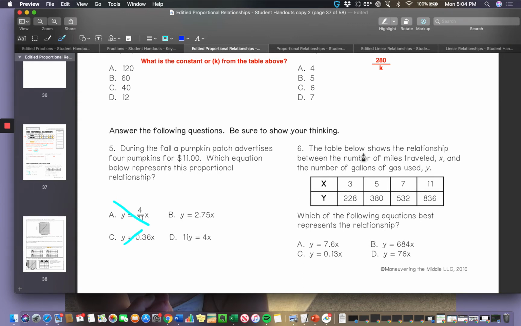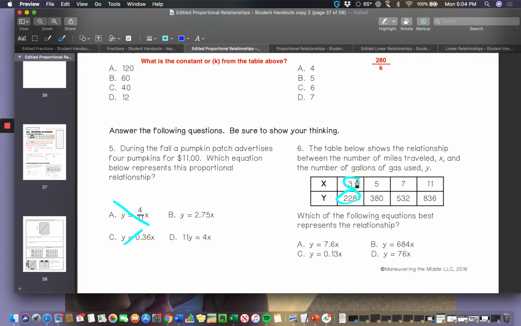Number 6, the table below shows a relationship between the number of miles traveled, x, and the number of gallons of gas, y. Which of the following equations best represents the relationship? Well, again, you're going to need to find what the constant is. And whatever the constant is going to be your answer. So again, I would take y and divide it by x.